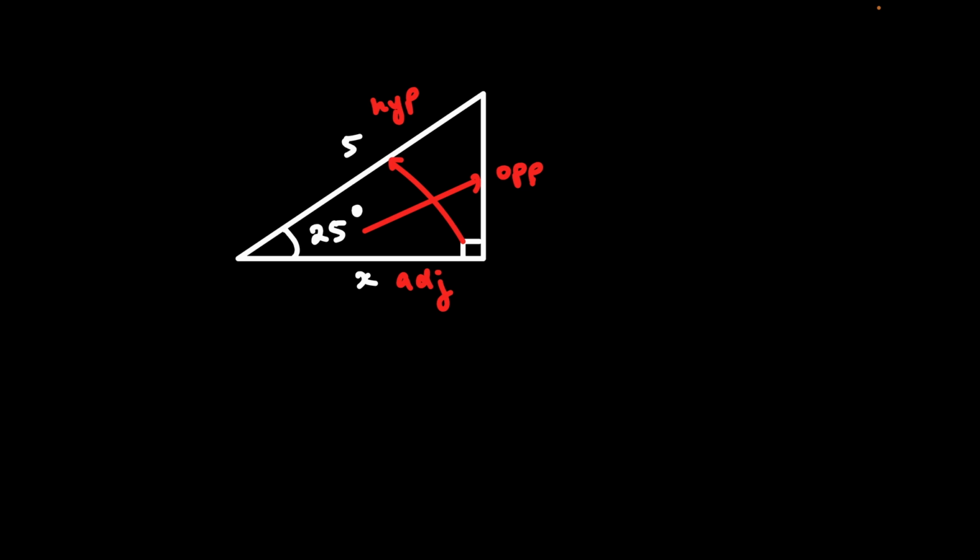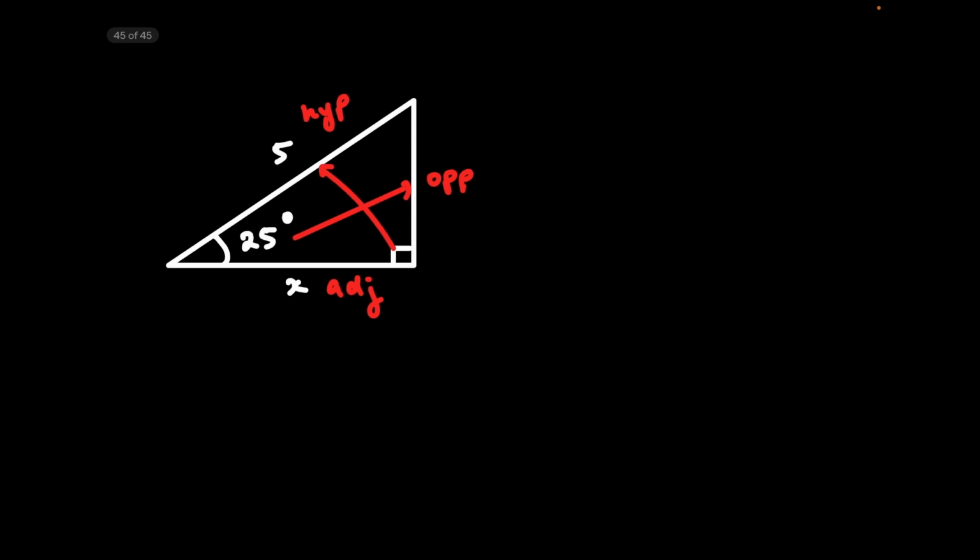So we have the hypotenuse, the adjacent, and the angle. Using SOH CAH TOA, which ratio can we use? Can we use sine, cos, or tan? If you said cos, you would be correct. So in this case, we can say that the cos of 25 degrees is equal to the adjacent, which in this case is x, divided by 5.